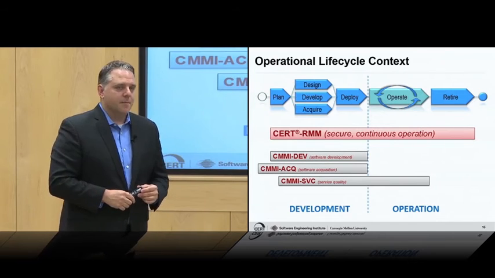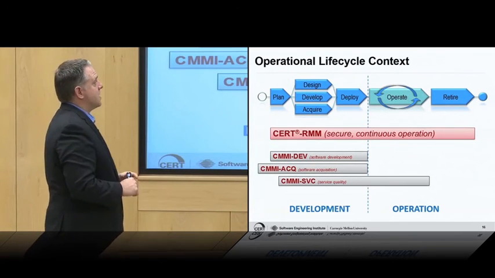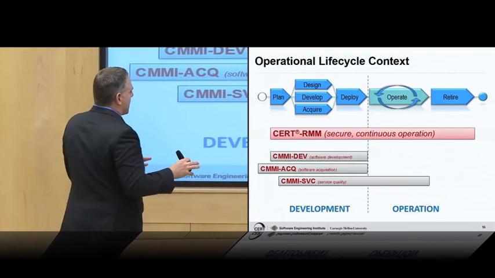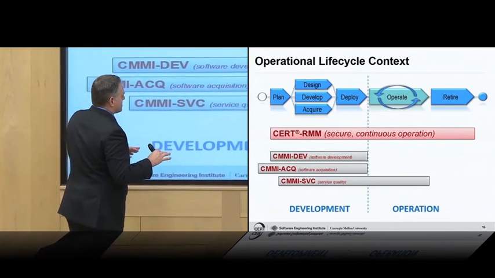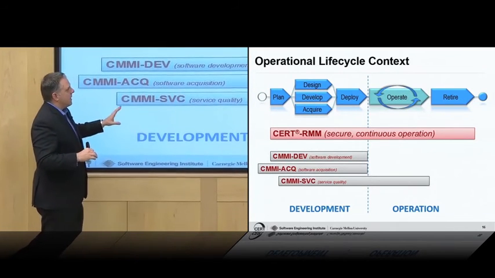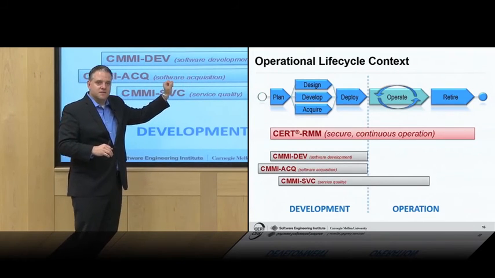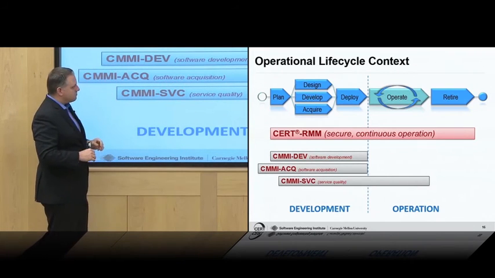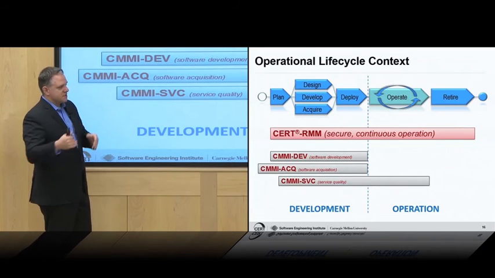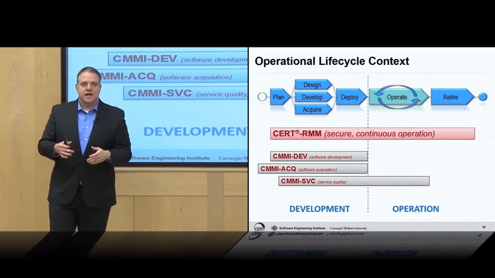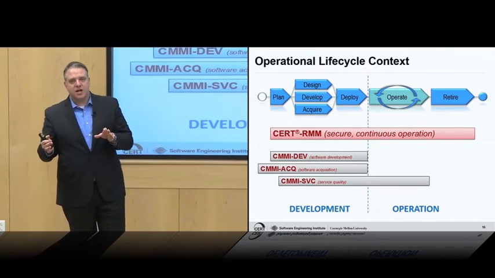And finally, we'll talk about the operational lifecycle context. Recognize that a lot of the maturity models that are out there maybe focus on parts of the total operational lifecycle. RMM, and the reason it's so highly regarded, is that it focuses across the entire life cycle.